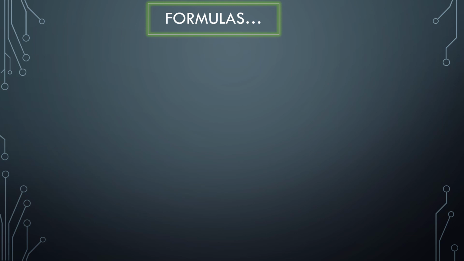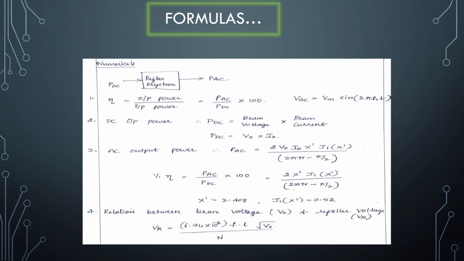Let us see a few formulas to solve the problems. The formulas are as follows. When the reflex klystron is given an input of DC power, it gives the output as the power of an AC current. Let us see the first formula, which is efficiency.